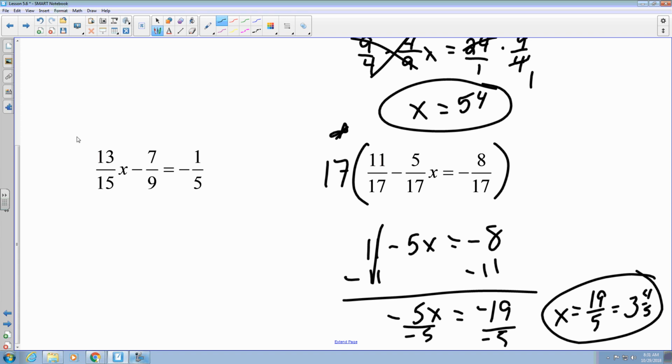Now, if we look at this one here, we have different denominators. We have 15, 9, and 5. So you have to choose a value to distribute that's the least common multiple of those values in the denominator between 15, 9, and 5.